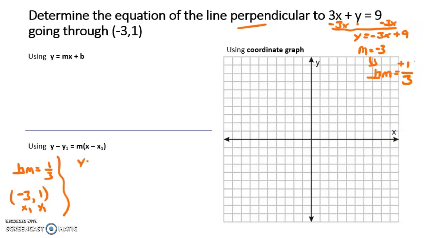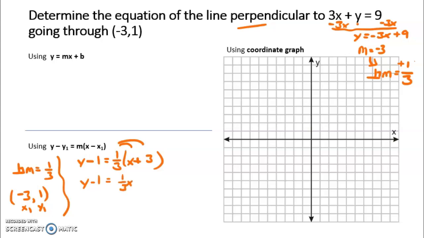So y minus 1 equals slope times x minus your x. So x minus a -3, double sign. Let's change that to a plus 3. And let's distribute. So on the left, we got y minus 1 is equal to, all right, 1/3 times x is just going to be 1/3 x.